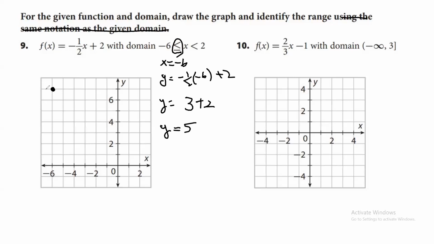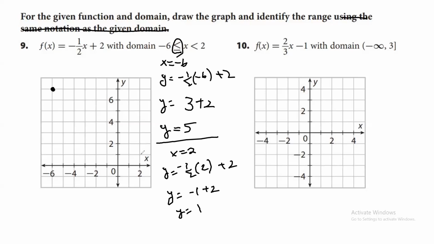Okay, x equals 2. If I plug that in, y equals -1/2 times 2 plus 2. So y equals, what is that? -1 plus 2, which is 1. So I have 2, 1, open or closed?